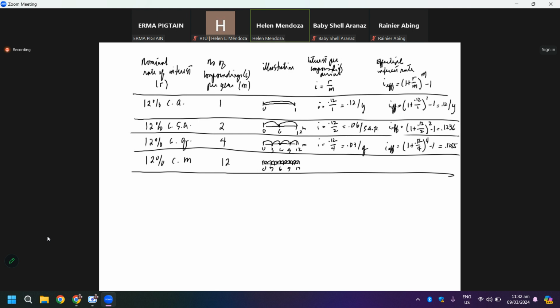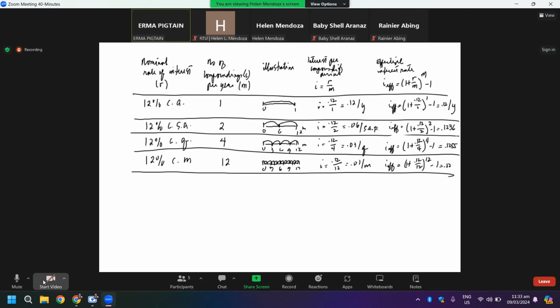So you would have I is 0.12 divided by 12. This is 1% per month. So I effective is 1 plus 0.12 divided by 12 raised to 12 minus 1. Parang 12 point, di ko alam, 68 ma'am. Okay. So yan na po siya.